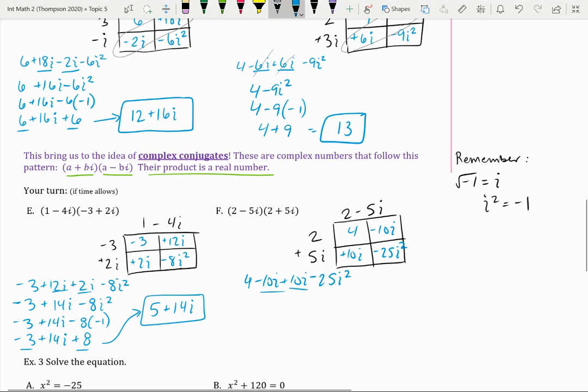And these middle terms right here are opposites. They cancel. They make everything else go away. The 4 minus 25i squared. Instead of i squared, I'm going to plug in a negative 1. And I'm left with 4 plus 25, which gives me 29.